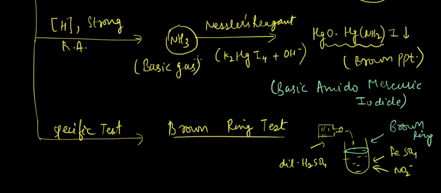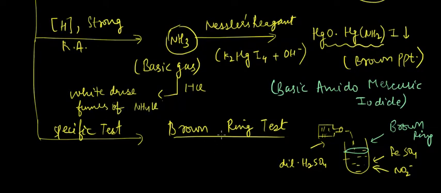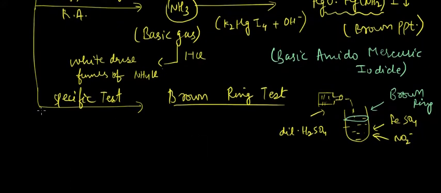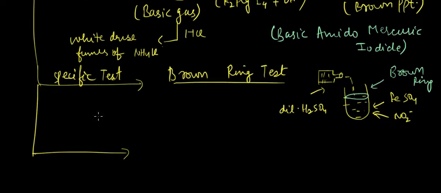Next, when we treat this NH3 basic gas with HCl, what we see is white dense fumes of NH4Cl. Next, suppose we are testing it with AgNO3 solution.